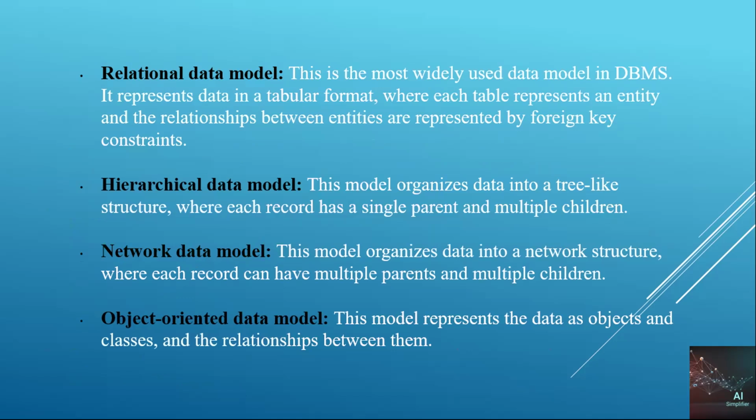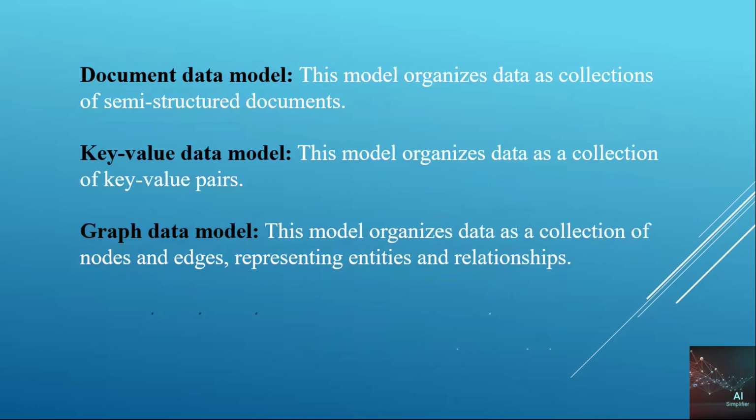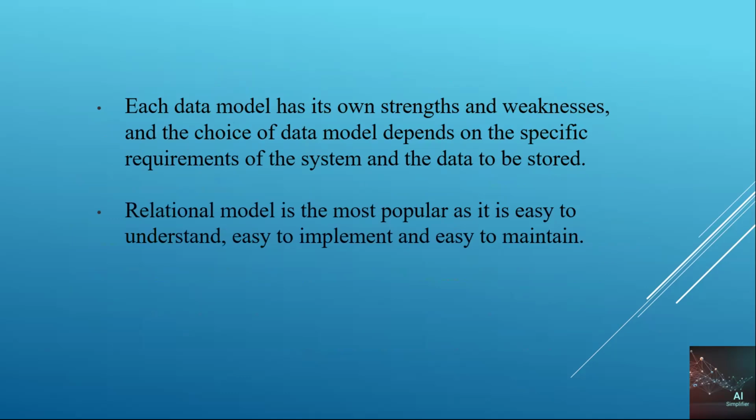Suppose I want to create a database for a company, then it is required to arrange the database as a hierarchical data model. Suppose I want to store data for a school database, so I will use relational data model. Each data model has its strengths and weaknesses, and the choice of the data model depends upon the specific application you are going to use.